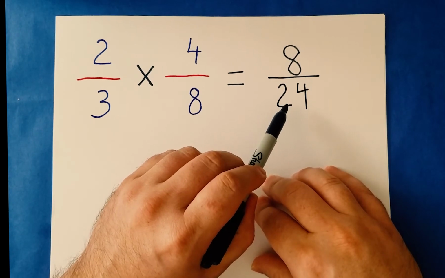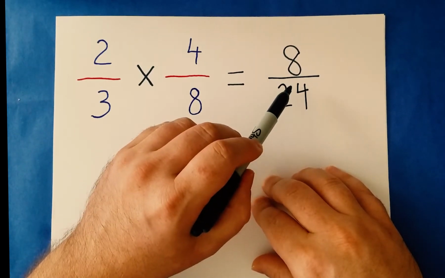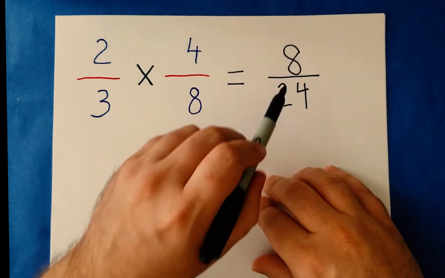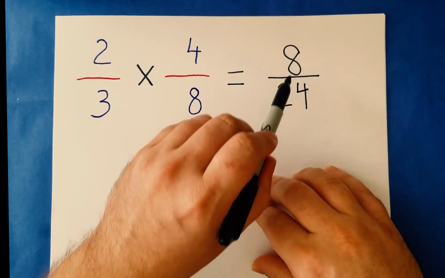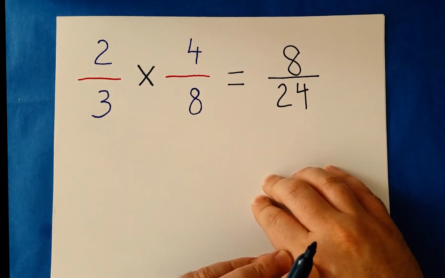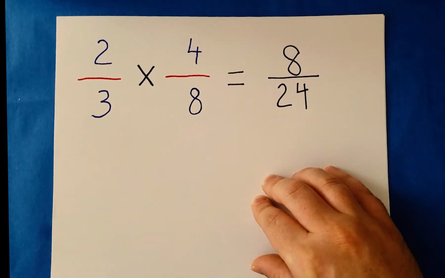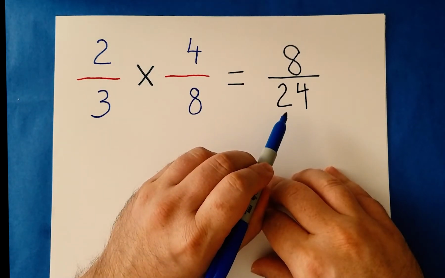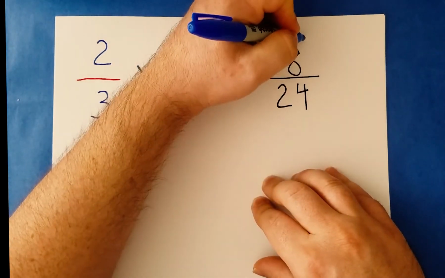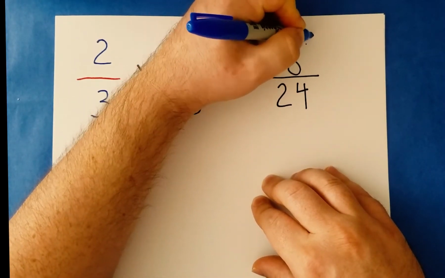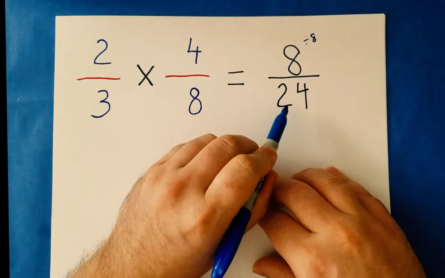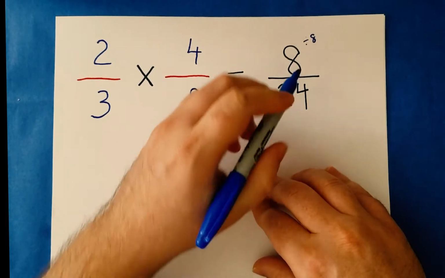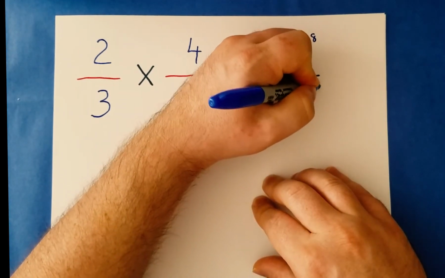Now you ask yourself, can I simplify this at all? Absolutely. Ask yourself, what is the greatest common factor between both 8 and 24? What can I factor out of both of those numbers? I can factor 8. I'm going to divide my numerator by 8, and I'm going to divide my denominator by 8.